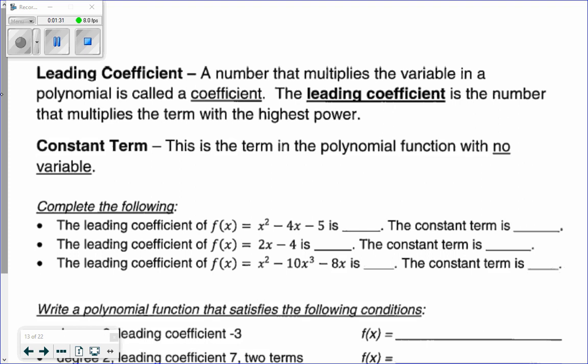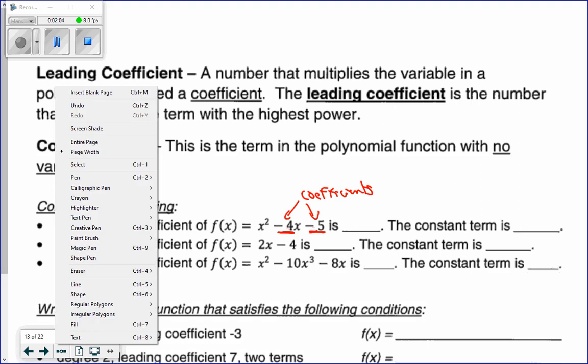So you should know what a coefficient is. A coefficient is the number in front of the letter. So on this example right here, -4 and -5, these are coefficients. Okay, the numbers in front of a letter. You know that word, you've seen it since about grade 9. Now, the leading coefficient is the number in front of the letter that has the largest power.